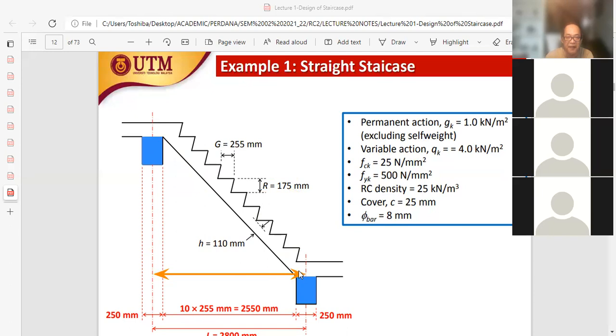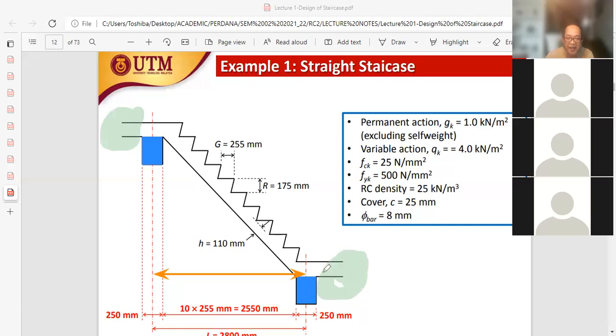And once we have defined the span of the staircase between the centers of these two supports, then we notice that on the right hand side here, okay, on the right hand side of this support, and on the left hand side of the support shown here, there is continuity. Okay, there is continuity.